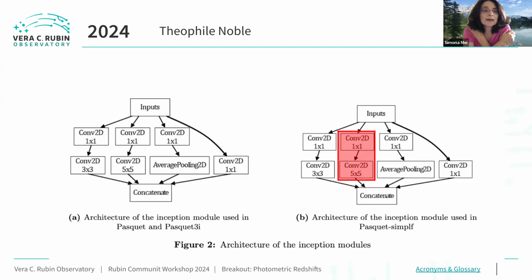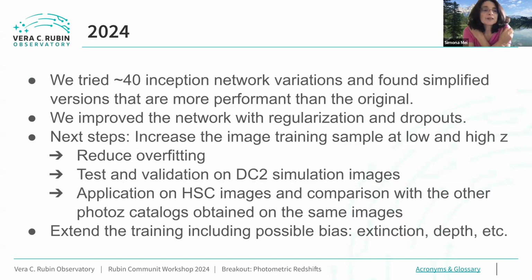So next slide. Théophile tried around 40 inception network variations, and he found some simplified versions that are more performant than the original. And we improved also the network with regularization and dropouts.